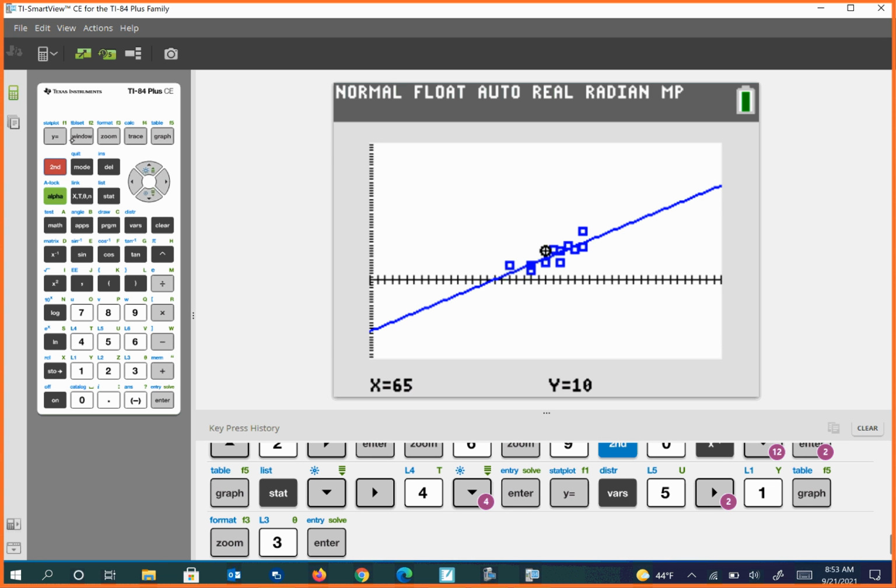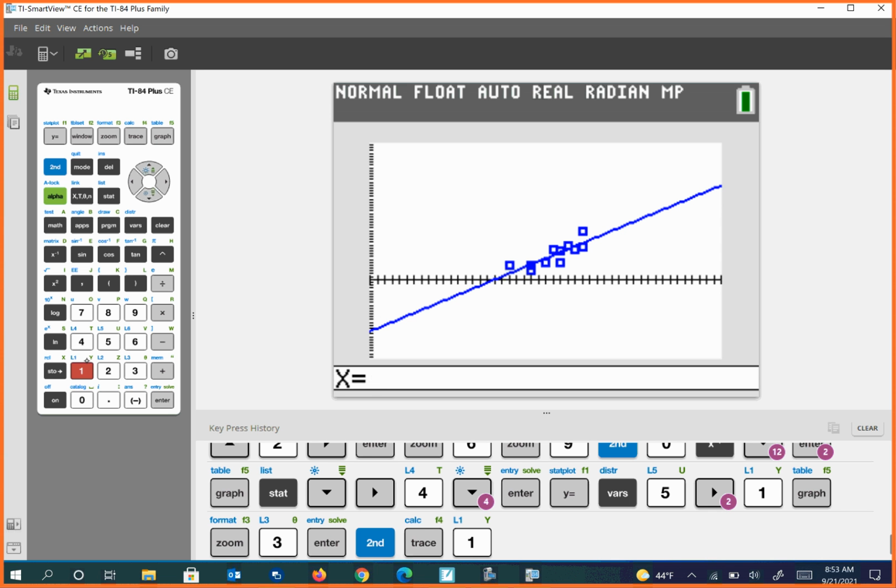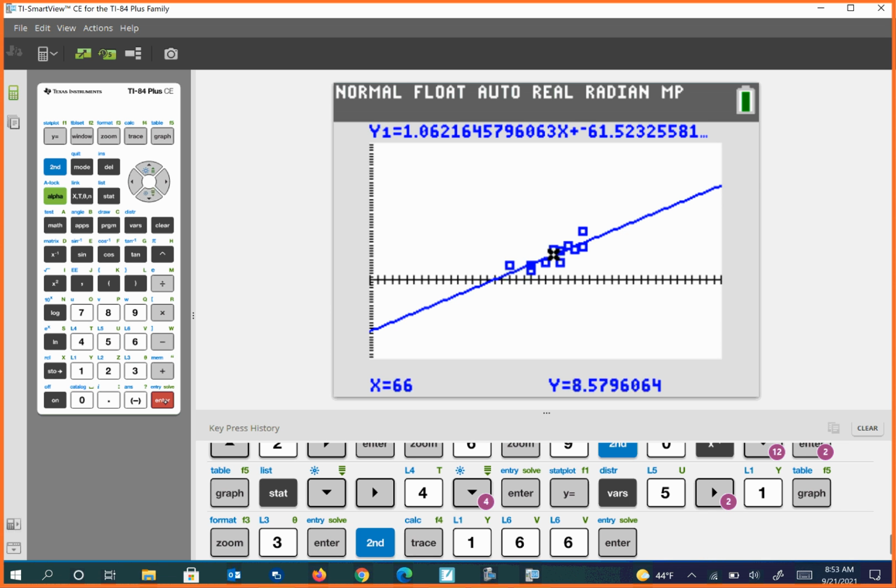So if I go second calculate, and I want to find a height of, say, 66, someone with a height of 66 inches should have a shoe size of right around 8.5. Okay, 8.6 doesn't make sense because we go to only half sizes. So 8.5 maybe to 9. So that's inside the data.